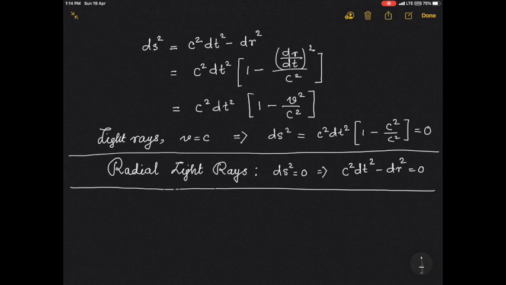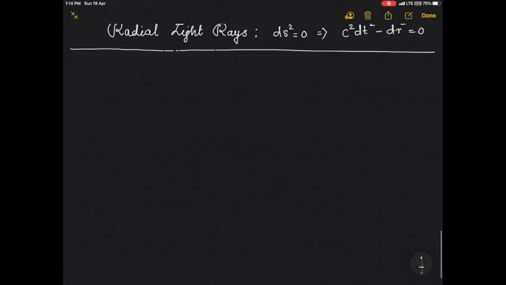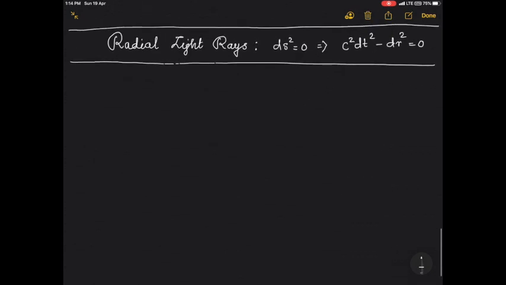So we got the fact that for radial light rays c square dt square equals dr square. Now the rest of the discussion will use radial light rays in two particular cases.